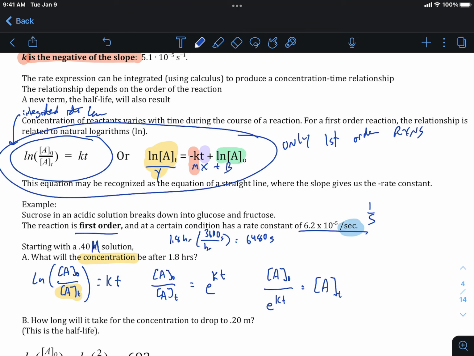All right, go ahead and plug and chug. Let me know what you get. What's our new concentration going to be?